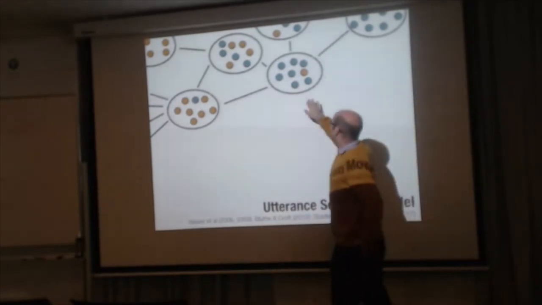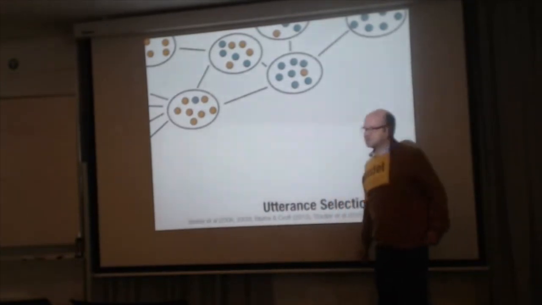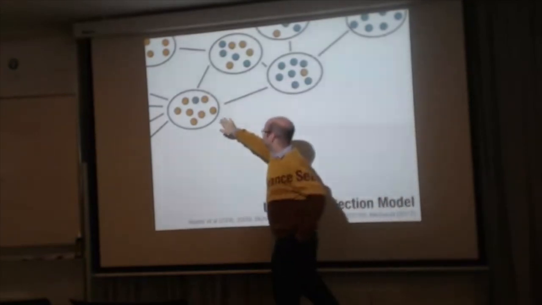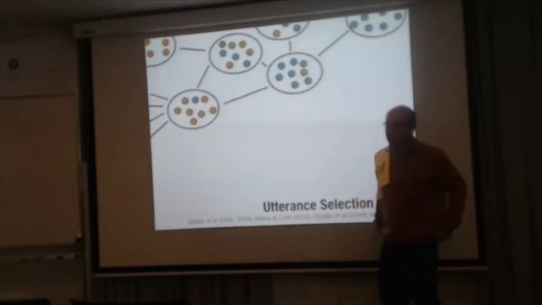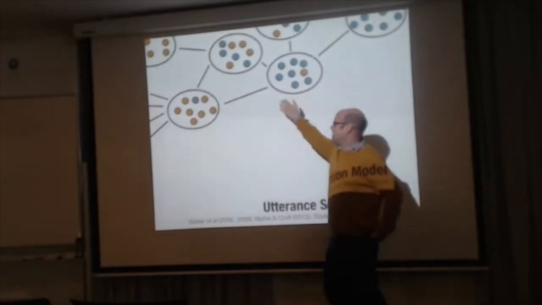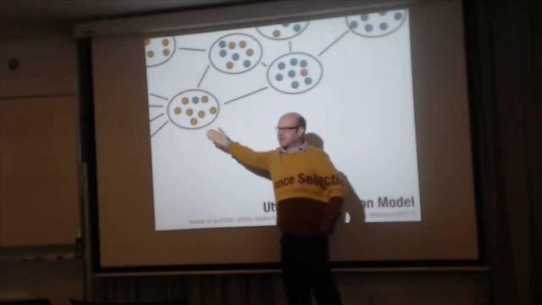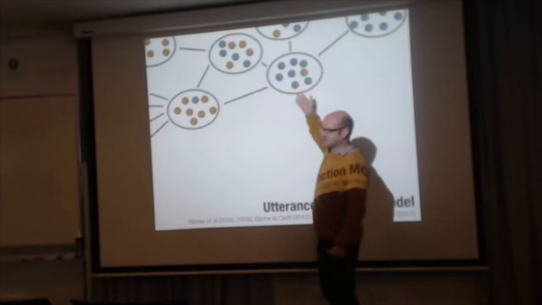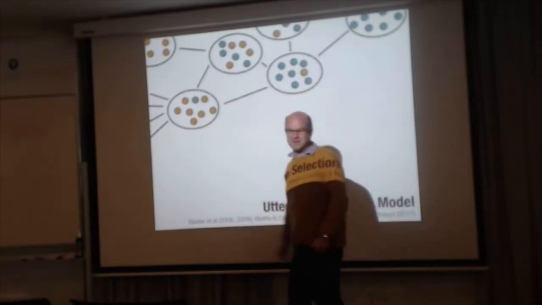So say the sort of blue colour here was uses of mobile, and the sort of mustard colour here was uses of phone. Then this person would have in their memory more instances of mobile, and this person would have more instances of phone. And the idea is that, if you were a sociolinguist and you're talking to these people, you would measure their token frequencies, and you'd see a lot of mobiles coming from this person, a lot of phones coming from that person.